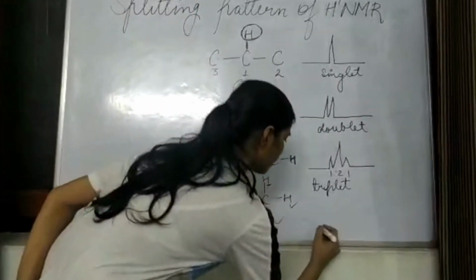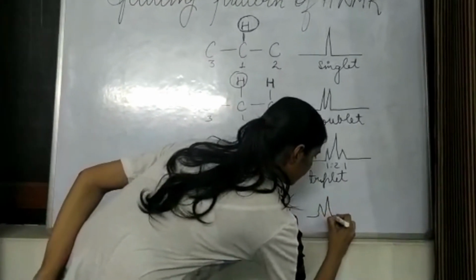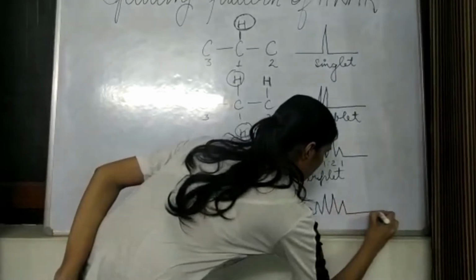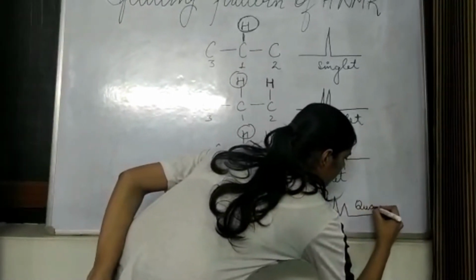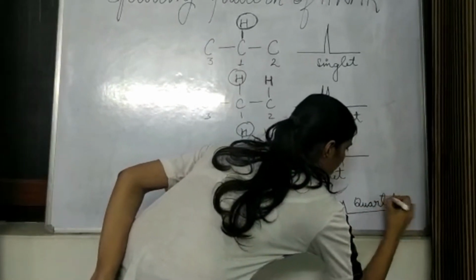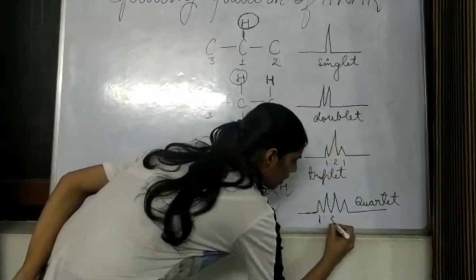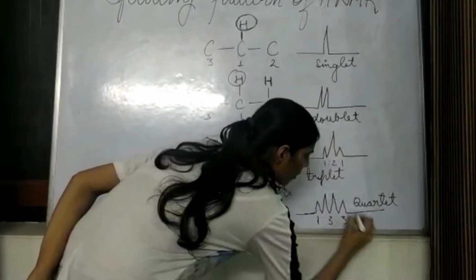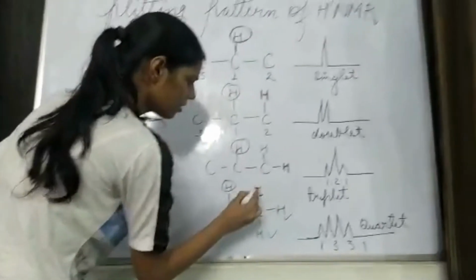So we get a quartet, something like this. This is a quartet, and the splitting ratio would be 1:3:3:1.